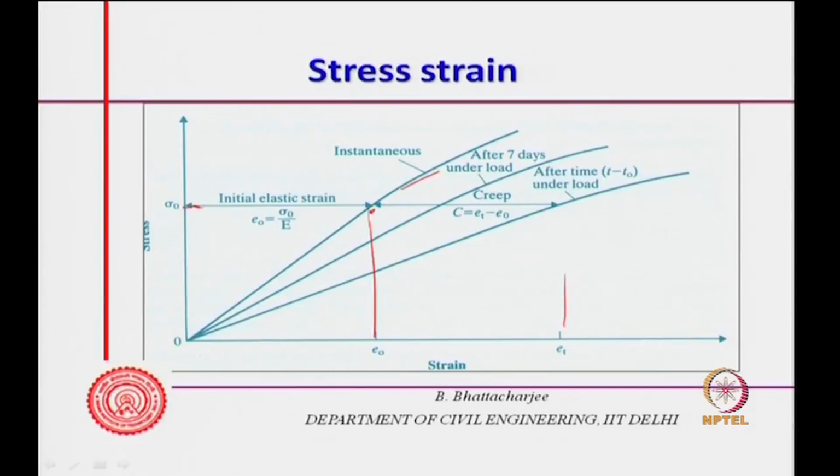But what will happen after 7 days of loading, you will find there is some increase, and at any later time the strain is increased further to epsilon t. So, creep is epsilon t minus epsilon 0. So, say some days, 7 days under load, 28 days under load, 100 days under load. So, at any time after t minus t 0 under load, the stress strain behavior will change.